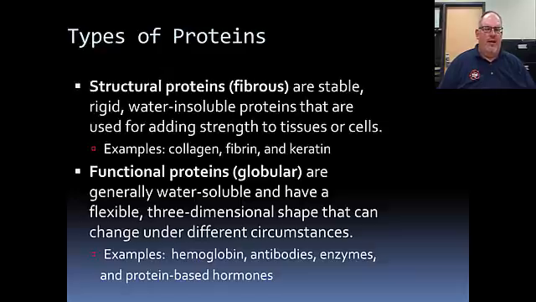Examples are collagen, fibrin, and keratin. A lot of protein is packed in the outer cells in your skin that dries out and makes keratin. This keratin helps to add strength to the body, and at the same time, it's impervious to water. It doesn't allow water into the body, and it doesn't allow water to escape.